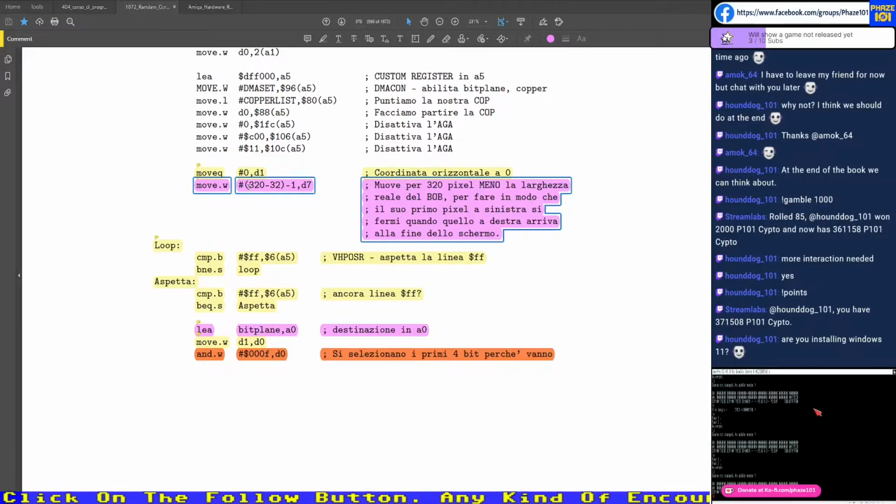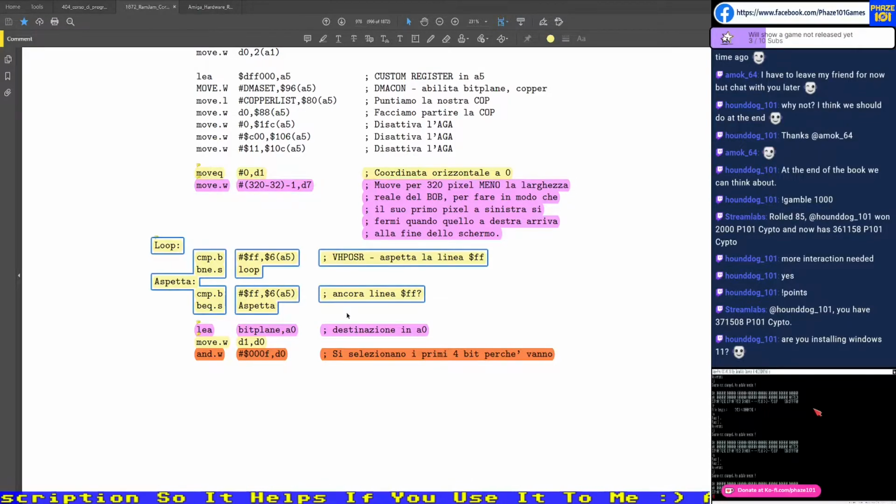Why? Simple. The width of the screen is 320. The width of our bob is 32 pixels. Remember, the bob has the character, the fish, and in front of it, it has 16 pixels of zeros. So in total, that is 32. Because we start from 0, it's 320 minus 32 minus 1, of course.